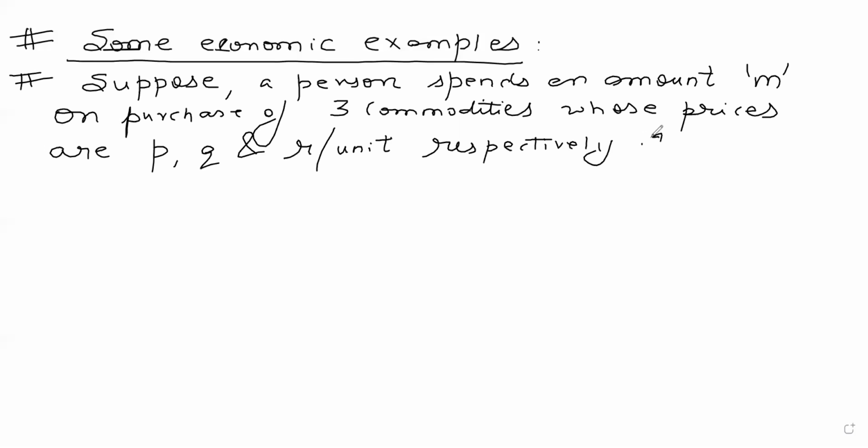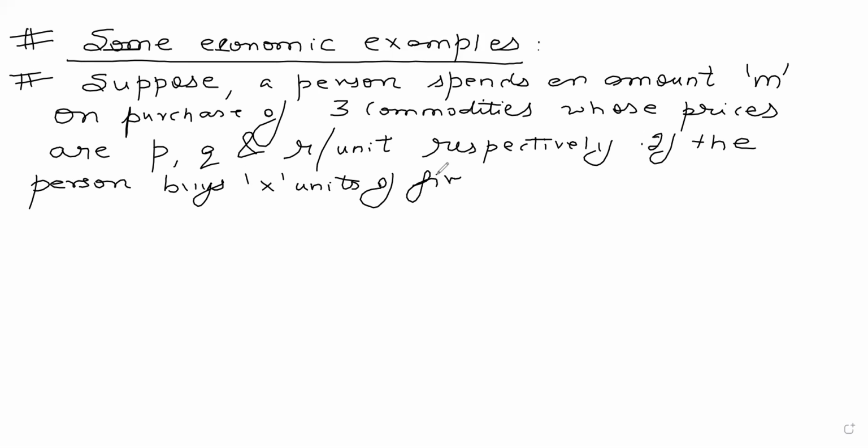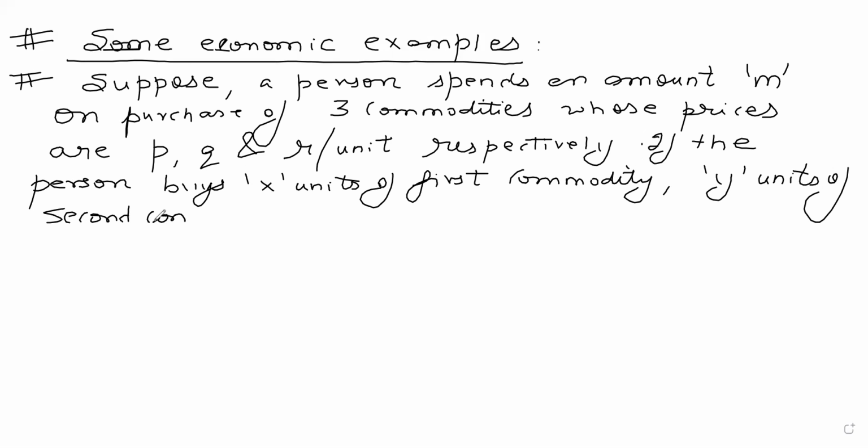Okay, so if the person buys X units of the first commodity, Y units of the second commodity, and Z units of the third commodity, what will my budget line be?